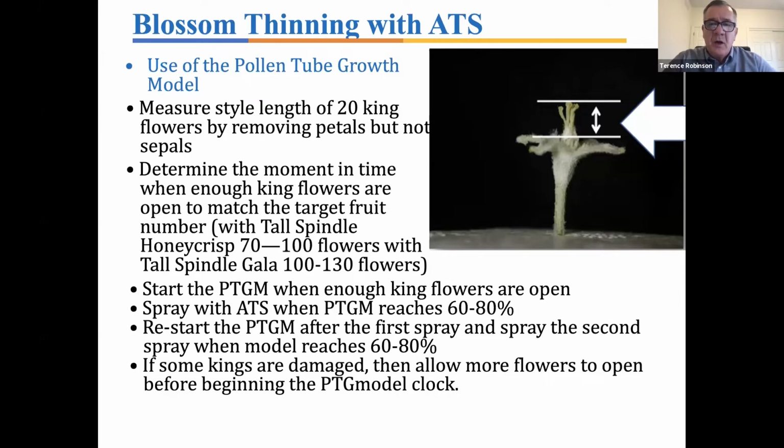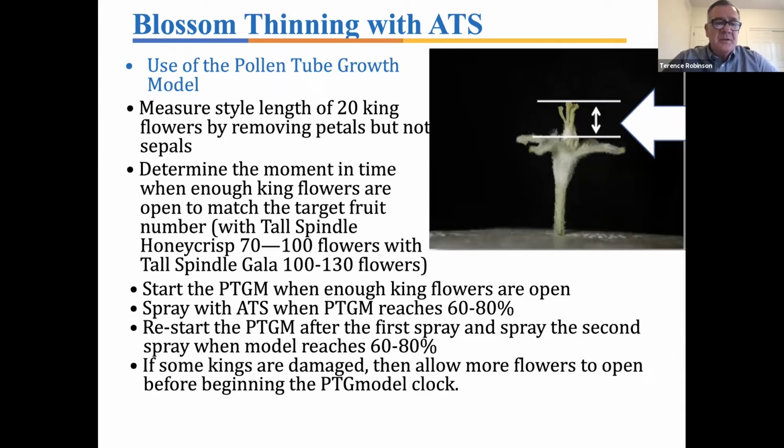If you strip away all the sepals or you cut vertically down through that flower, you might measure way to the base of the fruit itself, and that would be way too long. And then when you have an excessively long style length in your model, it tells you to wait too long to spray, and then you miss affecting any of the fruits you're trying to knock off.